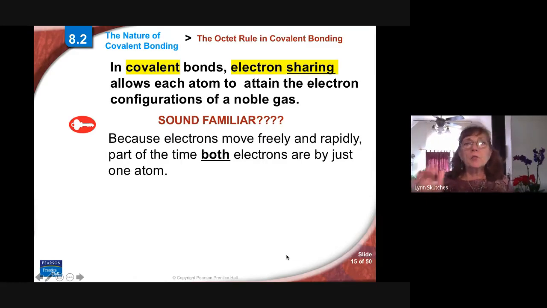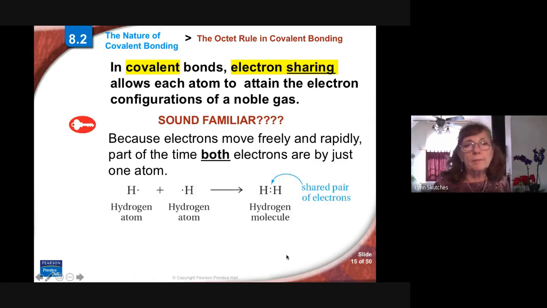Because the electrons are moving freely and rapidly, they're moving back and forth between both of the atoms and not hanging out by one. It's a really hard concept to get because when you're drawing these things, the electrons stay on your paper and don't move around. But in real life, they're moving all over the place.